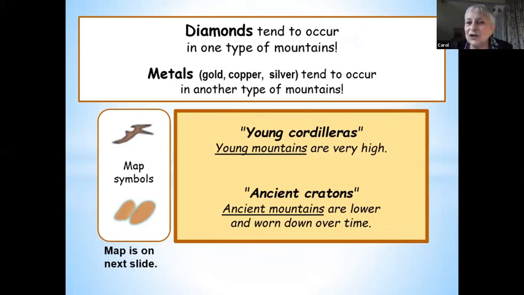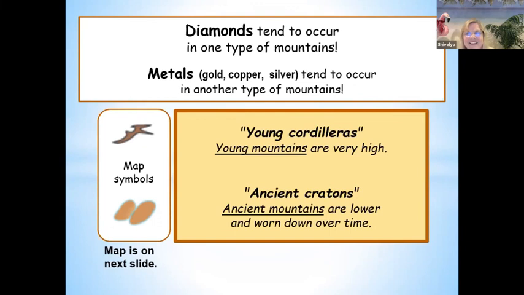Diamonds tend to occur in one type of mountains, very old, worn down mountains. Metals like gold, copper, silver tend to occur in another type, the young mountains that are still very high and not worn down. We have some unusual names, and Sharon and Andrea will have to tell you how well these go across.